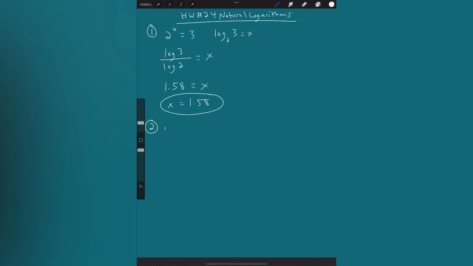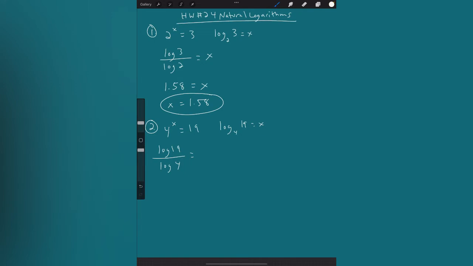Number two, I have 4 to the power of x equals 19. And if I write that in logarithmic form, I can say log base 4 of 19 equals x. I can use the change of base formula, say log 19 over log 4.